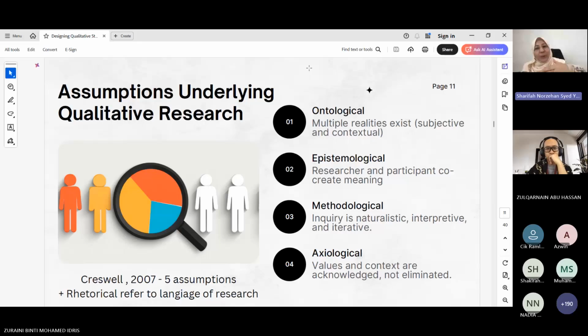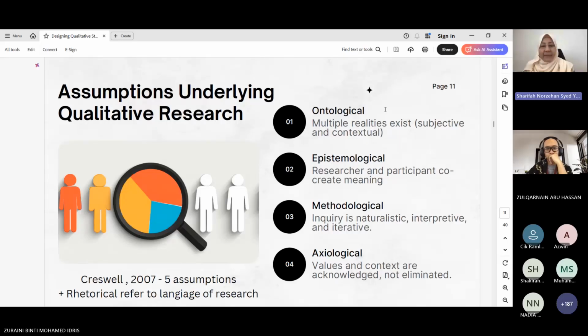You assume that, in your context, because the area is able to give you multiple realities, that means various different outcomes, and that's the reason why you are doing qualitative. This is like a justification of how it leads you to your qualitative research.